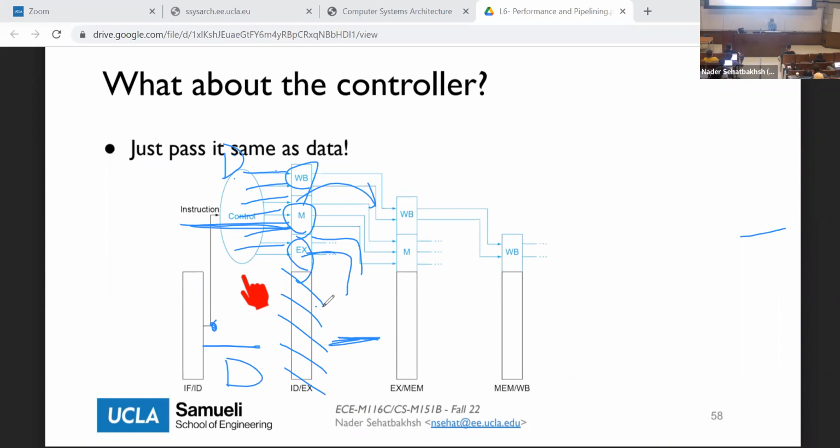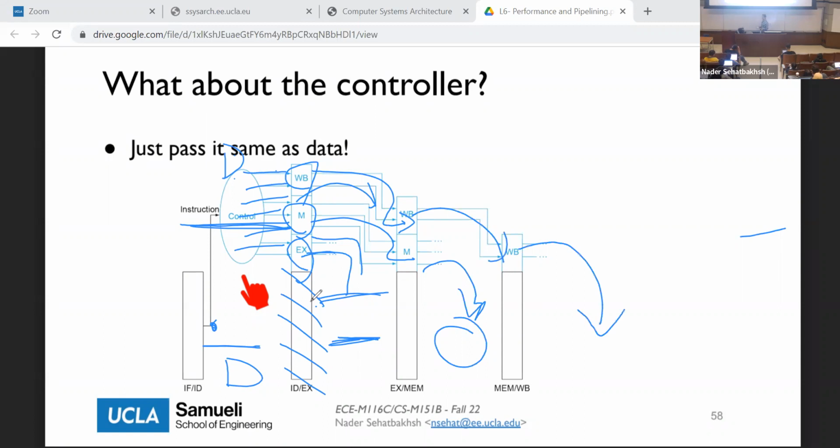We're going to use those, and since we already used those, there's no need to pass them along. So we're just going to send the memory and the write back control signals to the next registers. In this stage, we're going to use the memory related control signals, and we're going to send the write backs here. Then in the write back stage, we're going to use the rest of our control signals.